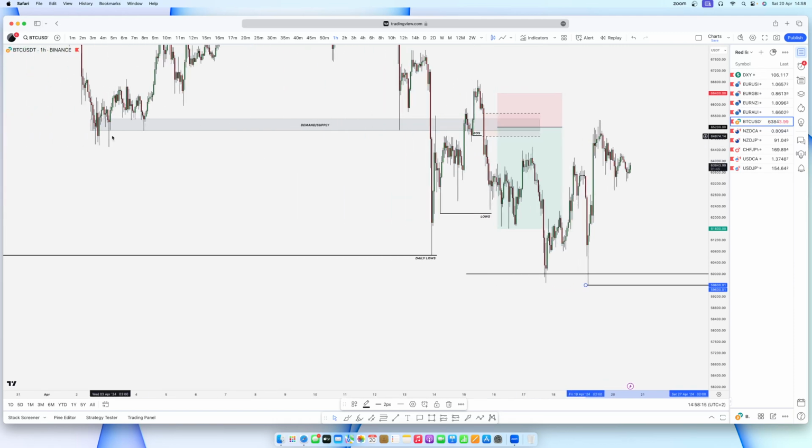And also I saw this demand and supply. We had demand, demand, demand, then supply, supply. So I was anticipating that price was going to come into my entry.